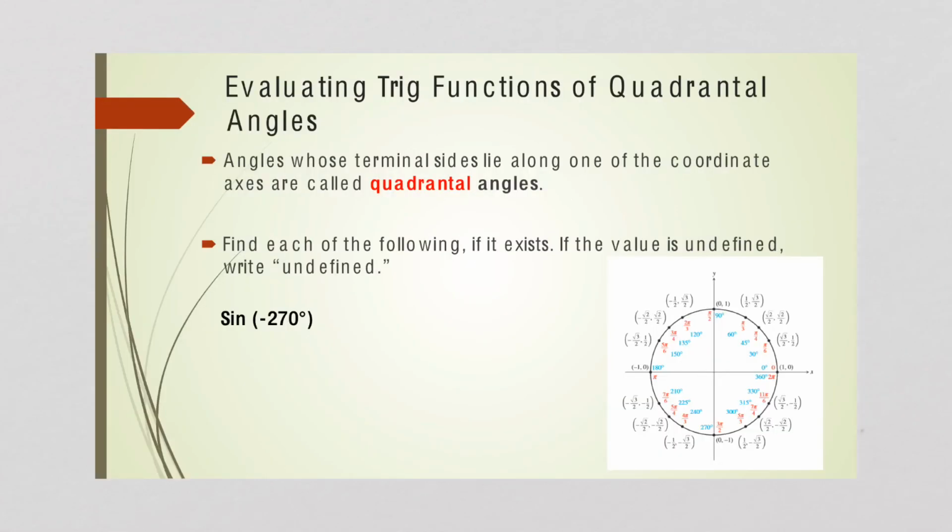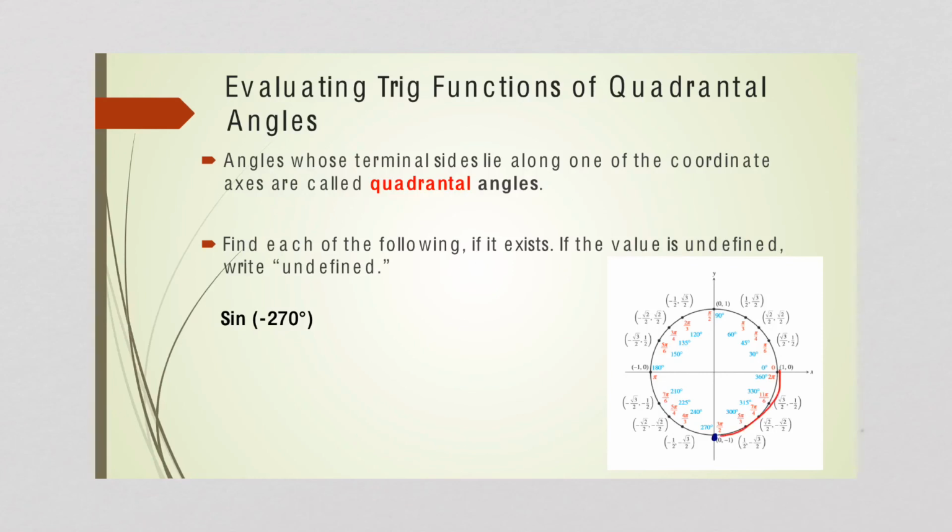Next set. Evaluating trig functions of quadrantal angles. Angles whose terminal sides lie along one of the coordinate axes are called quadrantal angles because they lie on the axes, not in a quadrant. So, find each of the following if it exists. If the value is undefined, write undefined. So, 270 degrees is normally down here, but we want the sine of negative 270.